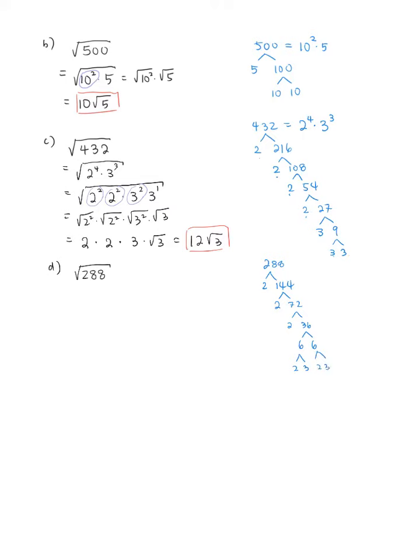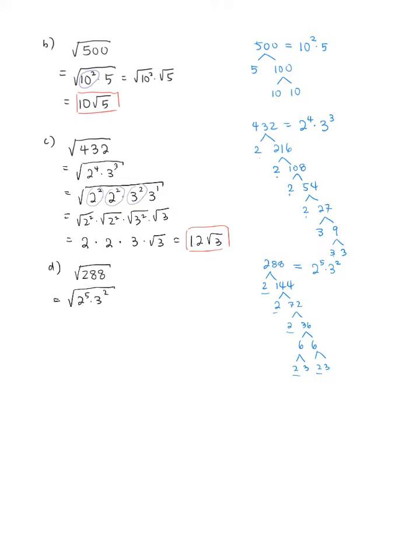Okay, so if I write 288, this is going to be 2 to the, how many 2's do we have? 1, 2, 3, 4, 5. 2 to the 5th times 3 to the, how many 3's do we have? 3 squared. All right, so now I'm going to come back over here and rewrite this as 2 to the 5th times 3 squared.